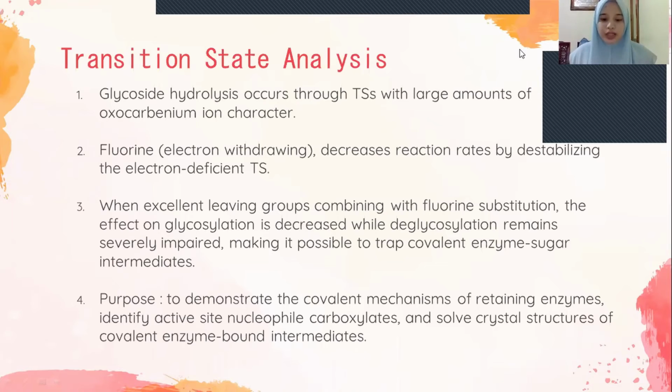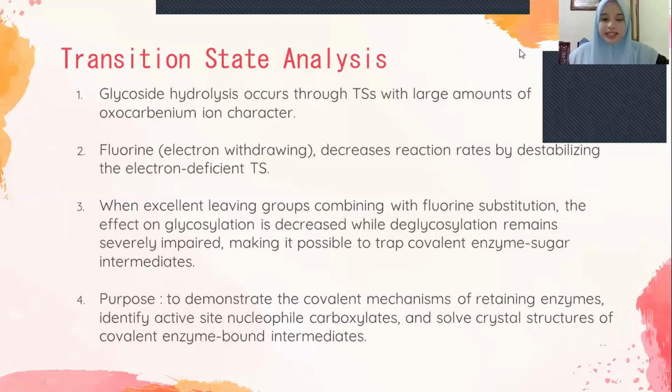Fluorine acts as an electron withdrawing group, drawing electrons from the reaction center, thus decreasing the reaction rate by destabilizing the electron deficiency in the transition state. The primary determinant for the rate of hydrolysis appears to be the field effect of the ring substitution on O5, the site that has the greatest increase in the charge of the oxocarbenium ion.